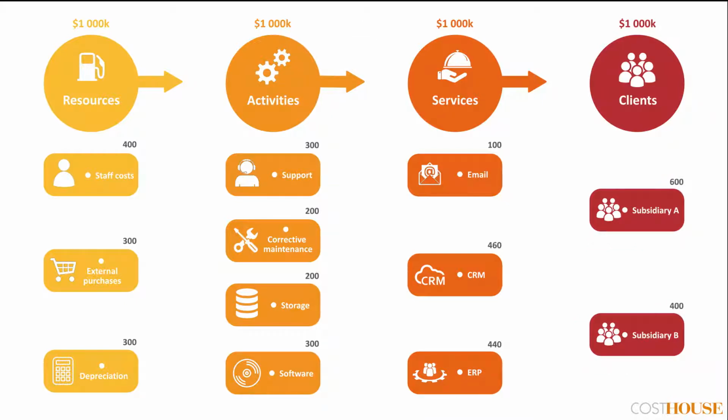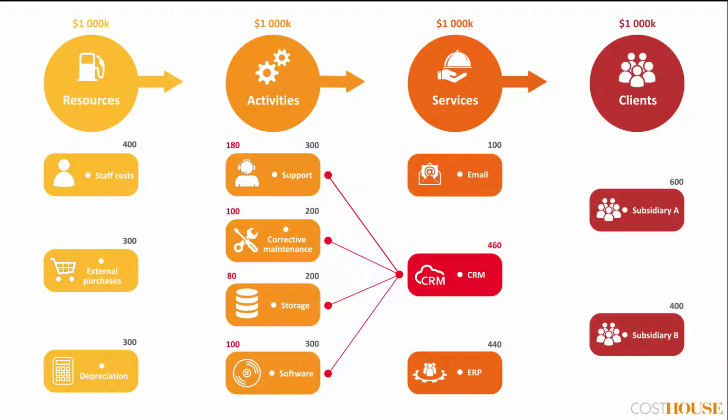When the entire model is valued, there is a causal link between the costs of the different levels. Here, the total cost of the CRM, $460,000, is composed of all the costs of activities necessary for its production.